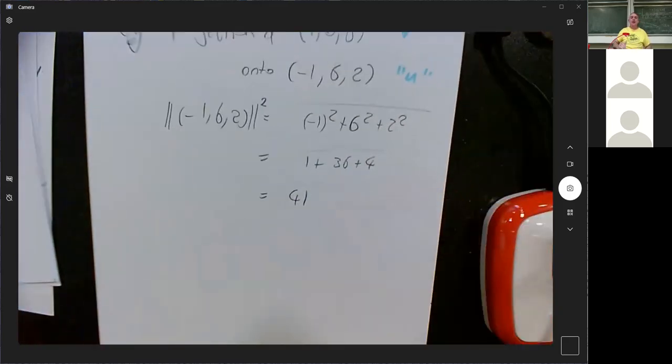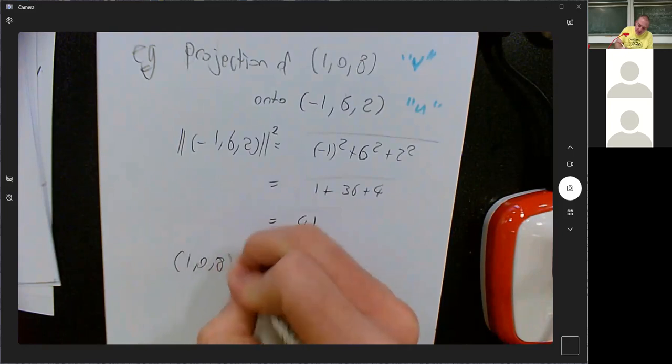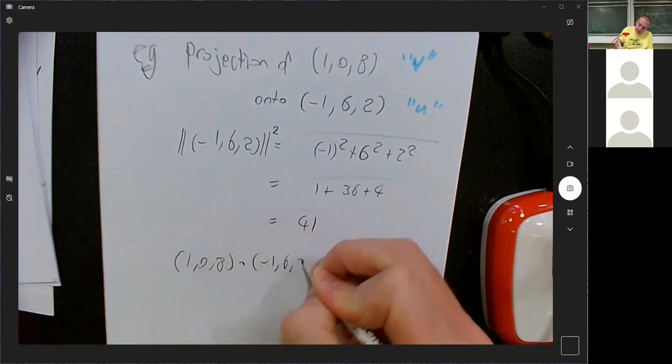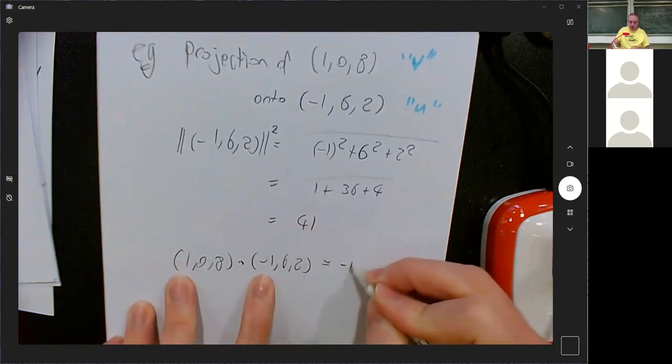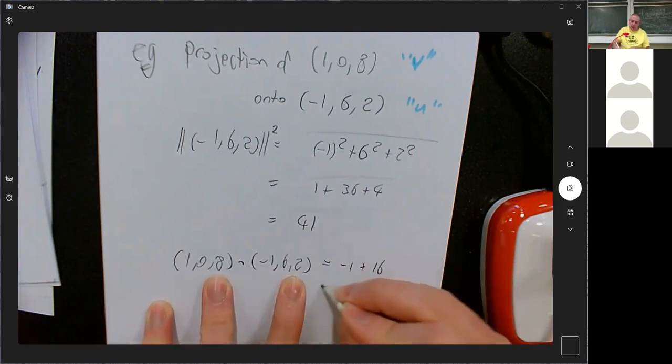I only need the length squared anyway, so there's no point square rooting it and then squaring it. Cool, and then the dot product of (1,0,8) and (-1,6,2) is -1 plus 0 plus 16, which is 15.